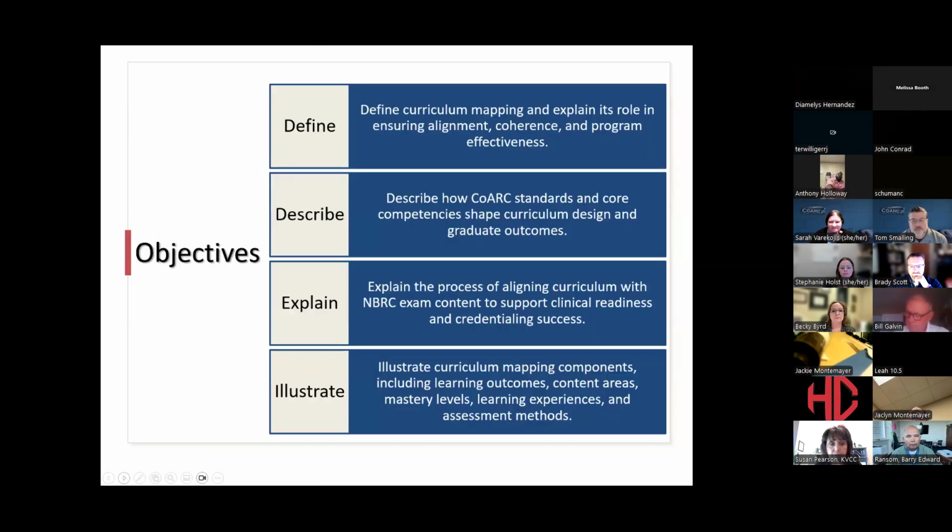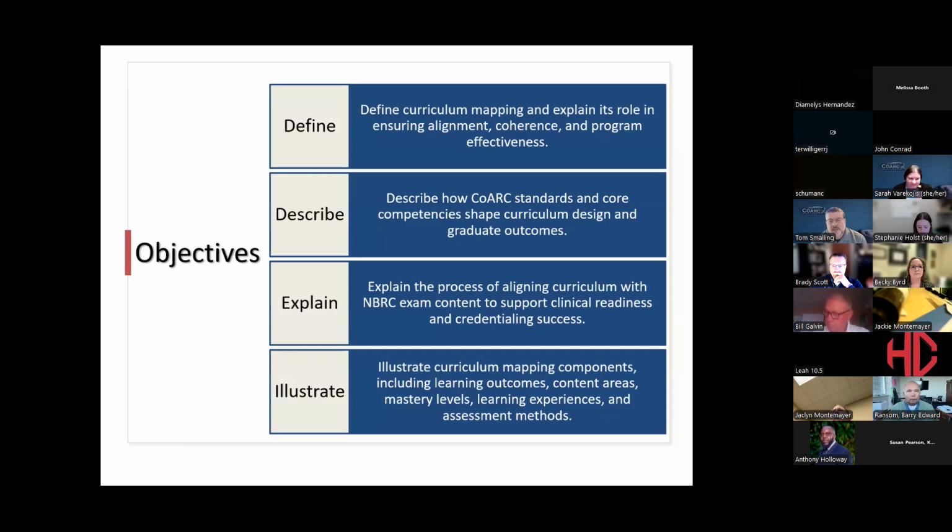These are our objectives for today's session. There is flexibility. I want to reiterate, you'll hear that from Dr. Vera later. Programs can adapt based on their own structure, their own needs.